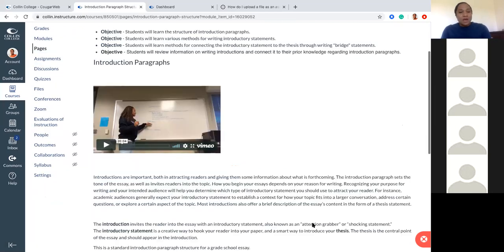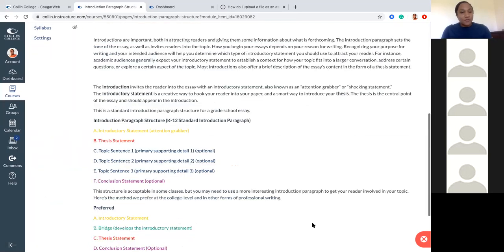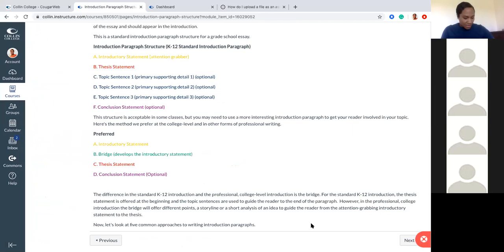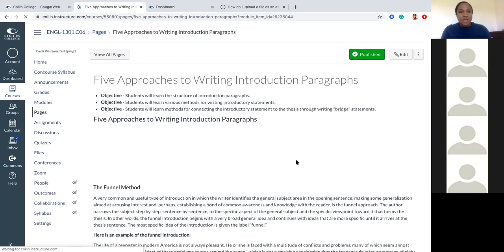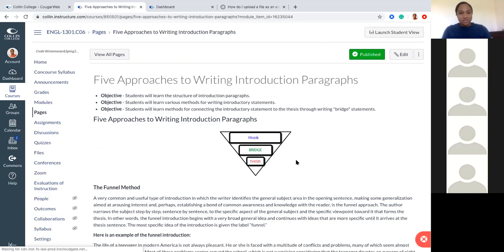For your introduction paragraph, don't forget you should be using this structure, which is the preferred structure, and it should include an introductory statement, a bridge, a thesis, and a conclusion statement. Don't forget that the introductory statement should include an eye-catching introductory idea.